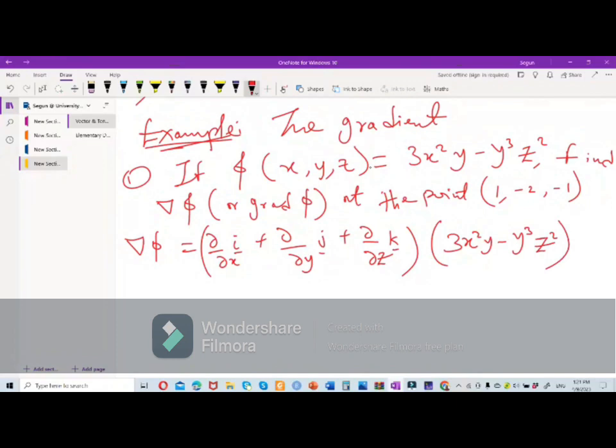You have to be careful in this case. Remember, it's not dot and it's not cross. It's just multiplication. So what we need to do now is, this is our phi. You'll be taking it into consideration.